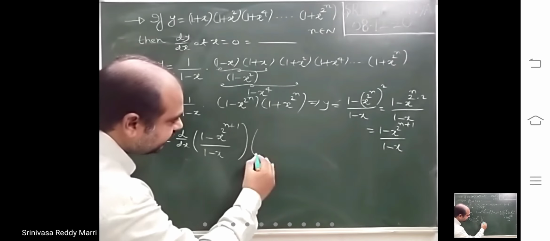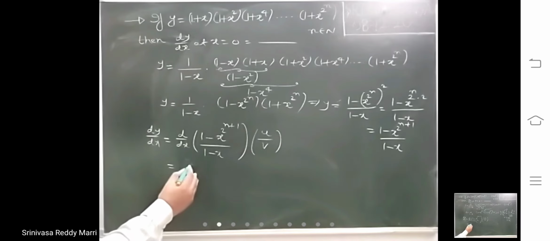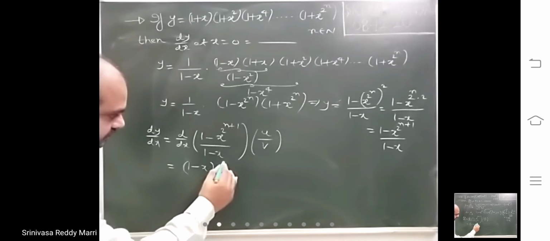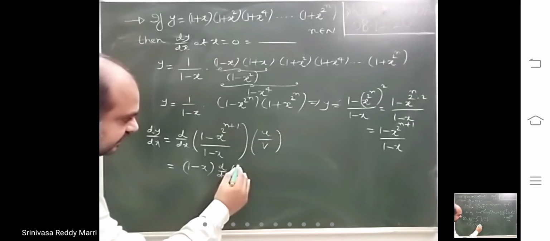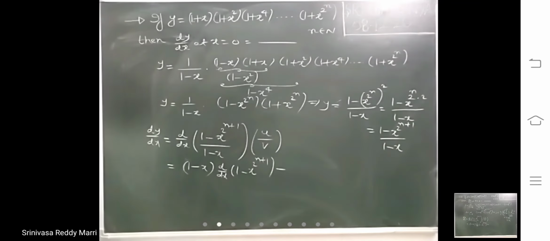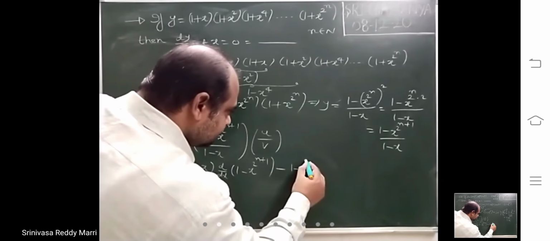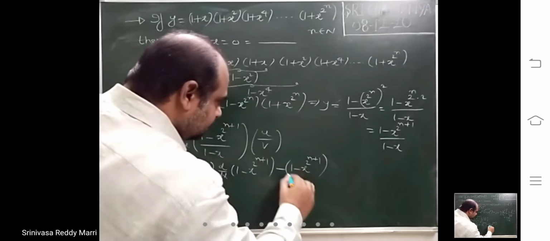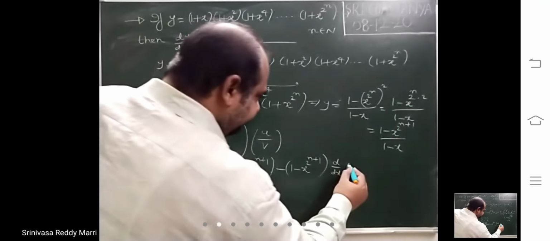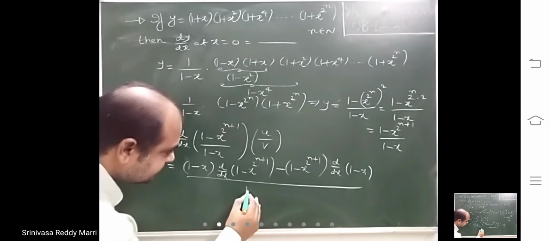So this is u by v, quotient rule. That means I am writing the derivative: v into d by dx of u, minus u into d by dx of v, divided by v square.